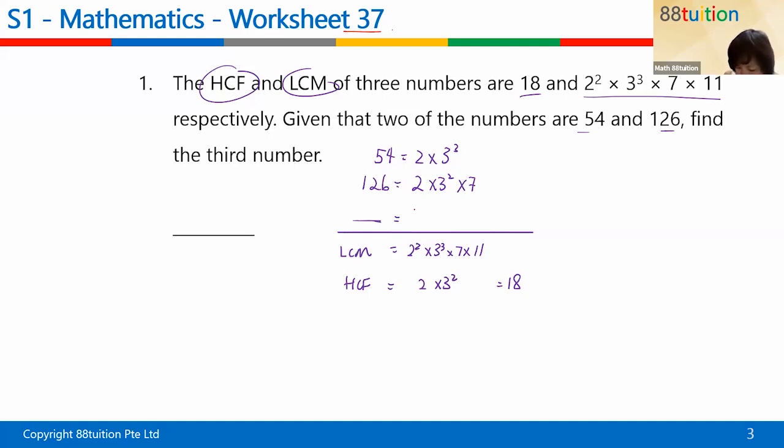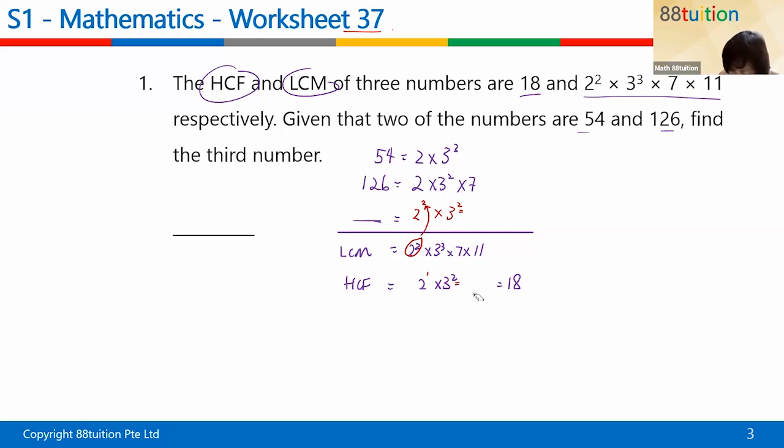Okay, so this one, it probably be a 2, right? And then if I look at this, LCM has a square, so my highest power must have a 2. So I have to put it here. Okay, no doubt this is a 1. Now I have a 2 to the power of 2 and 3 to the power of 3 for both of them. So I'm quite safe to put here 3 to the power of 2, the lowest. I pick the lowest because the HCF is 2. So I have to do this.